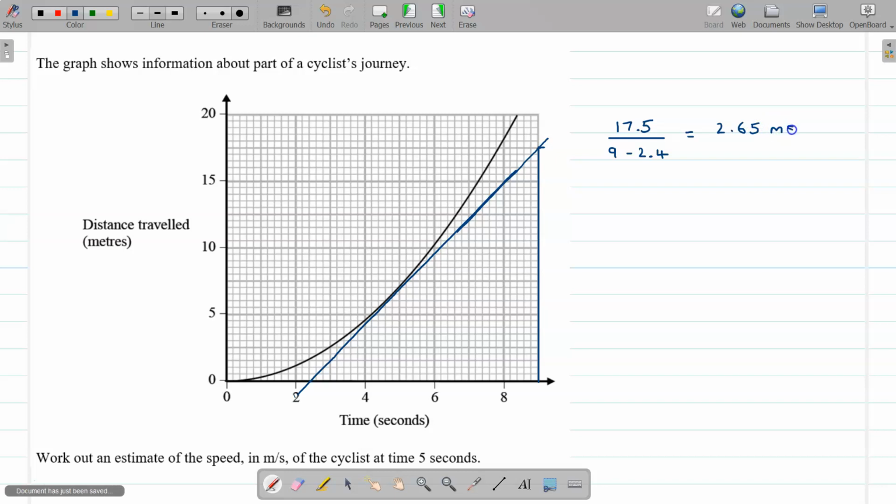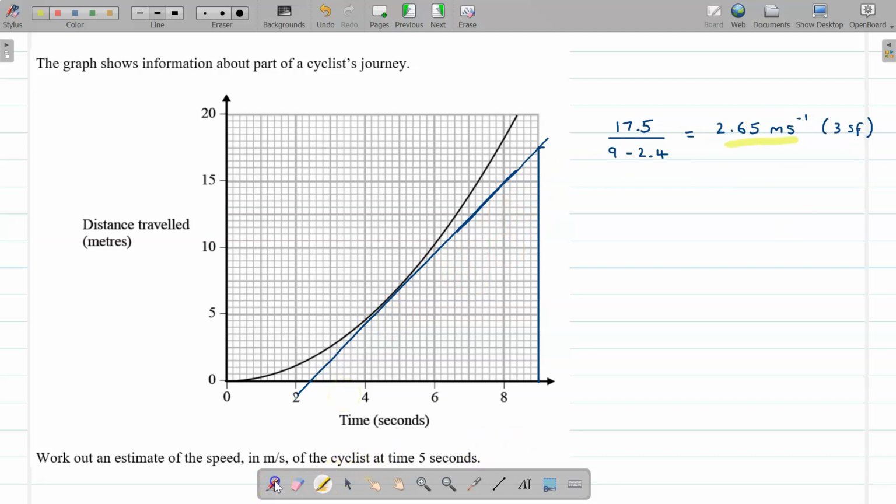You can either write it as ms to the -1, or as they've done here, meters per second, and that's 3 significant figures. It doesn't ask you for any particular degree of accuracy, but that's normally what we would do there. And they'll allow quite a range of answers because of the accuracy of drawing that tangent.